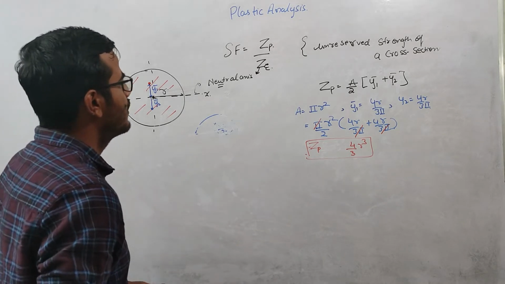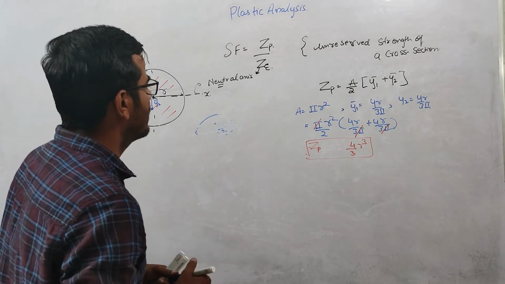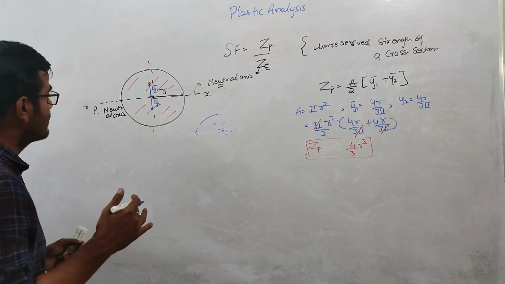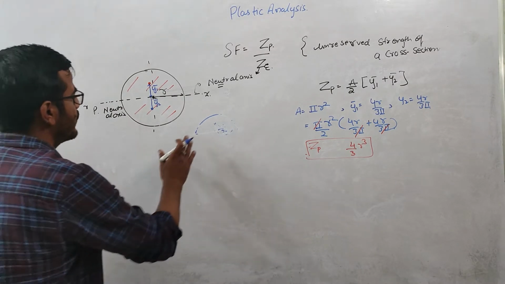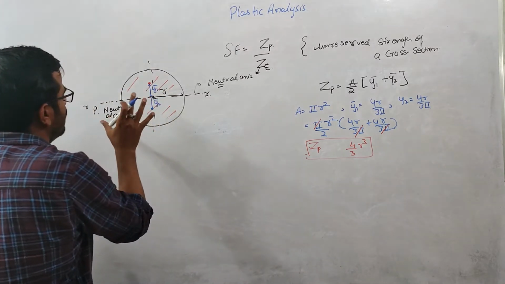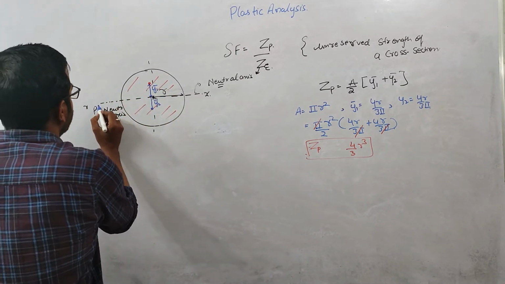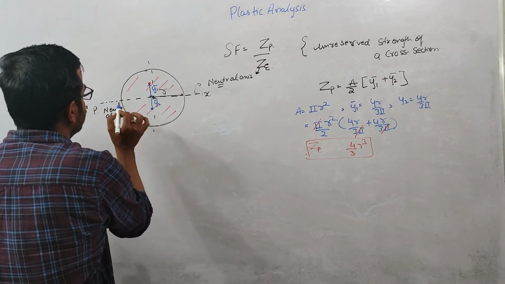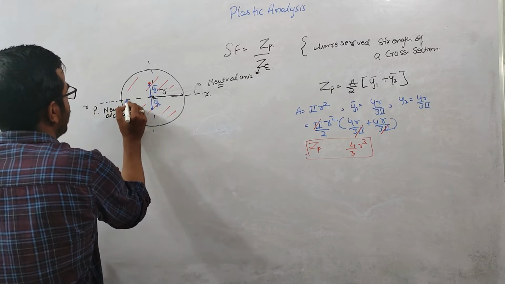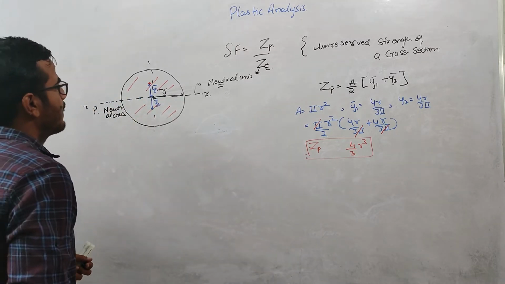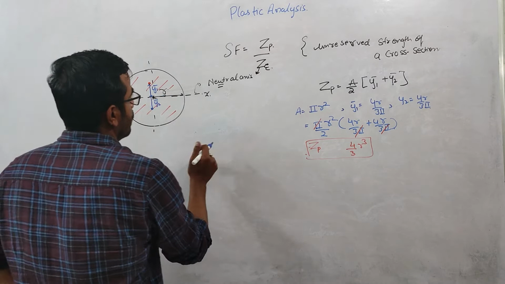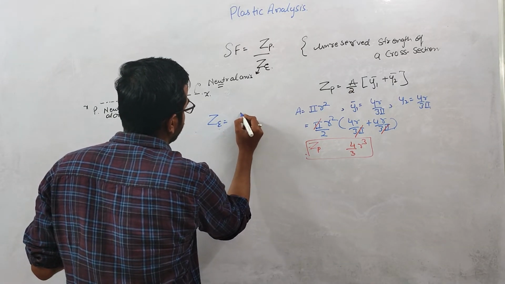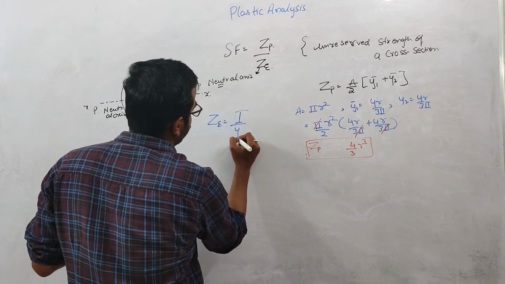Now we need to calculate the value of the elastic section modulus. For this we need the neutral axis. This cross section is symmetrical about both the axes, so this neutral axis coincides with the plastic neutral axis and passes through the center. For ZE we have the formula I over Y max.